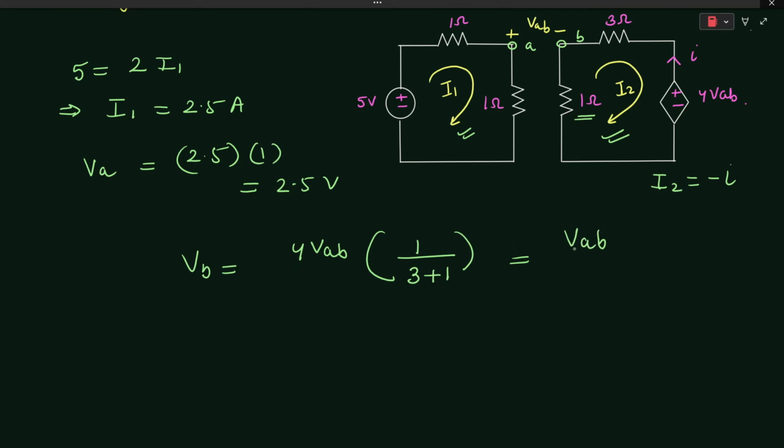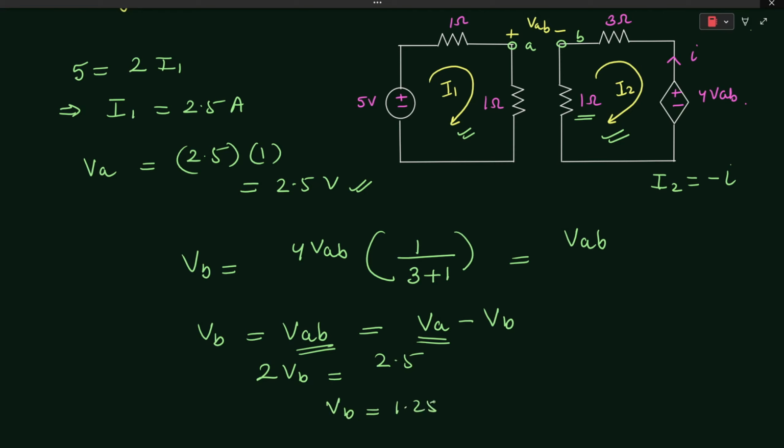So VB will be equal to VAB, which can be rewritten as VAB equals VA minus VB. We already know VA is equal to 2.5 volts. On substituting the value of VA in this equation, 2VB is equal to 2.5 and VB is equal to 1.25 volts.